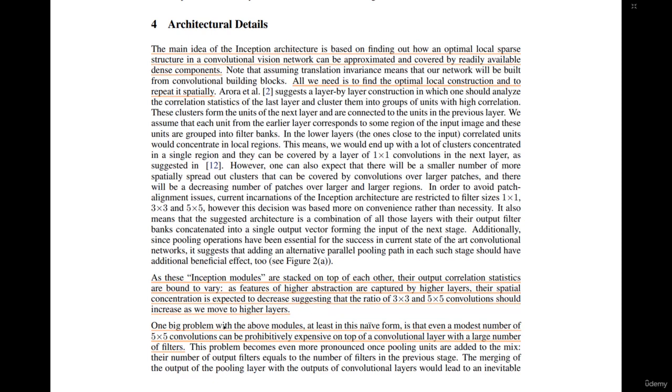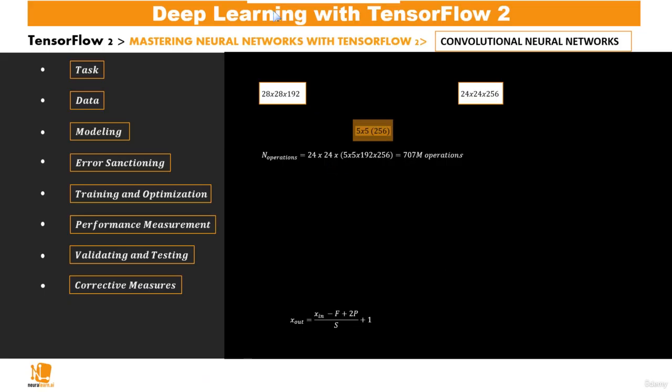But one big problem with stacking up these modules, at least in the naive form, is that even a modest number of 5x5 convolutions can be prohibitively expensive on top of a conv layer with a large number of filters. Let's suppose we have this input 28 by 28 by 192, and then we have this conv layer which is 5 by 5 filters and 256 of them.